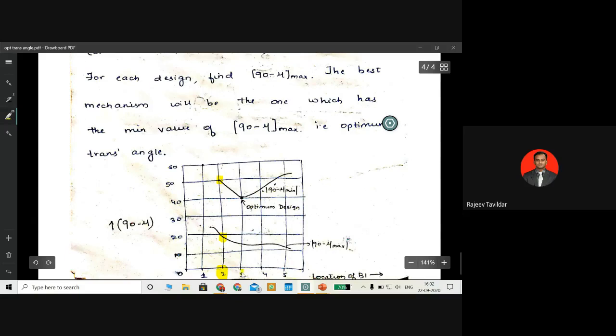For curve number 3, again I'll locate 90 minus mu min determinant and 90 minus mu max determinant. Similarly for curve 4, curve 5, and so on. Whatever points I've located, I've just joined the points of 90 minus mu max determinant, and I've also joined the points of 90 minus mu min determinant.